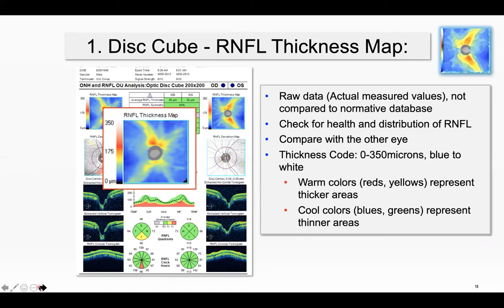An experienced clinician can tell a lot about the health and distribution of the RNFL from these thickness maps. And comparing two eyes with each other is very important. We have the thickness color code in these maps. So warm colors, thick; cool colors, thinner areas.